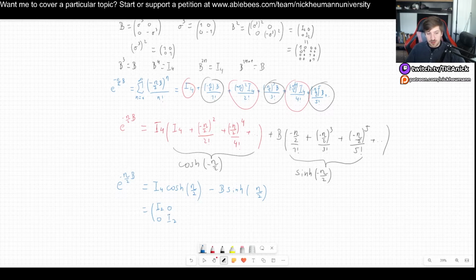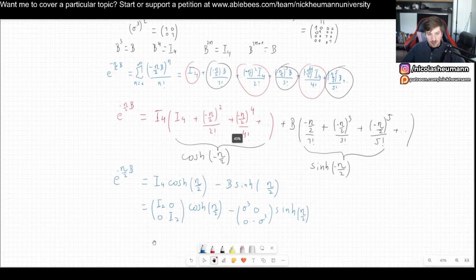But I guess it's better to be a bit more explicit, especially when people are first learning about this. So this is now hyperbolic cosine of eta over 2 minus, and b is sigma 3, 0, 0 minus sigma 3. And then we'll have the hyperbolic sine of eta over 2.